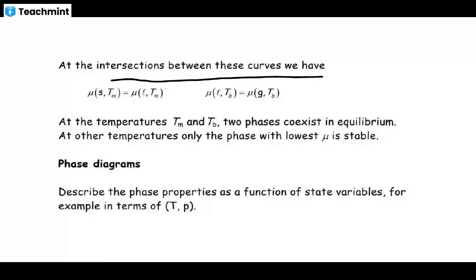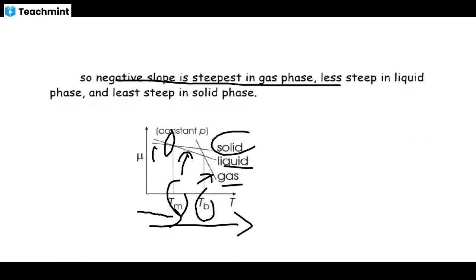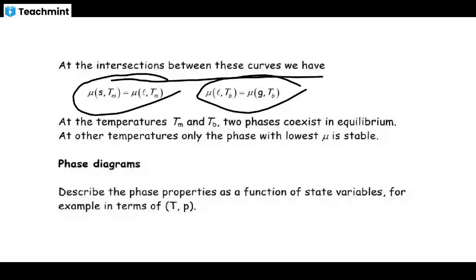At the intersection, liquid and gas are also the same. Here at the boiling temperature, liquid and gas are the same. At the temperatures TM and TB, the two phases coexist in equilibrium. At other temperatures, only the phase with the lowest chemical potential is stable.